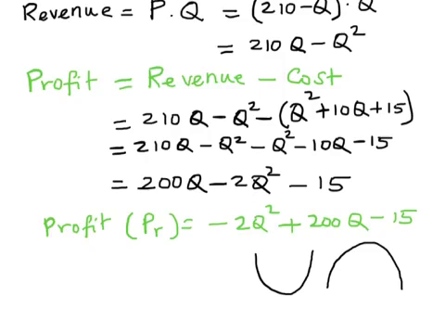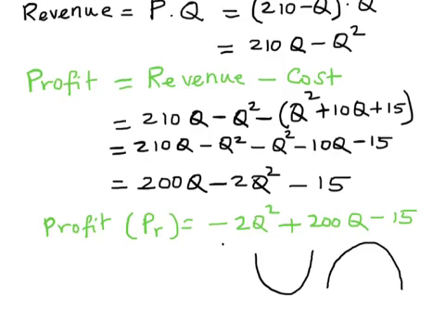For that, we try to look at the lead coefficient, which is the coefficient of the highest power term. Q square is the lead term, and the coefficient of Q square is -2. So if the lead coefficient is negative, the parabola is going to be inverted. If this was positive, parabola would be of this nature.